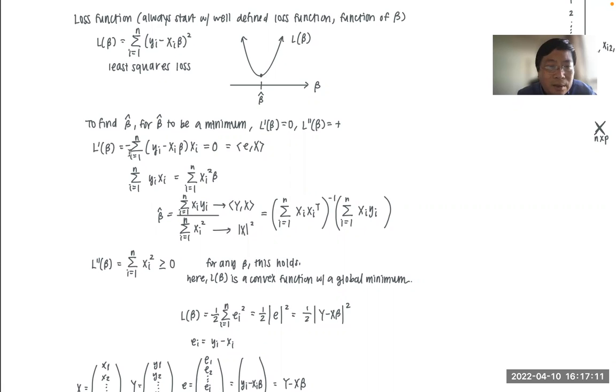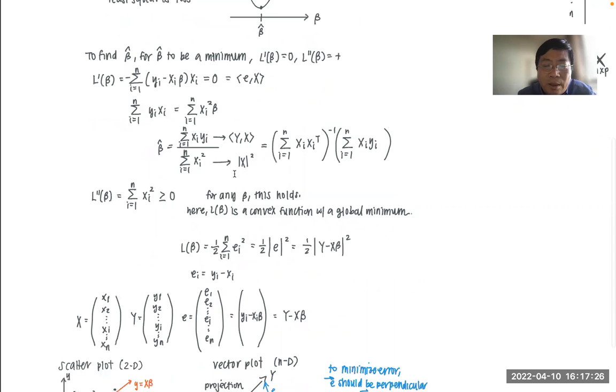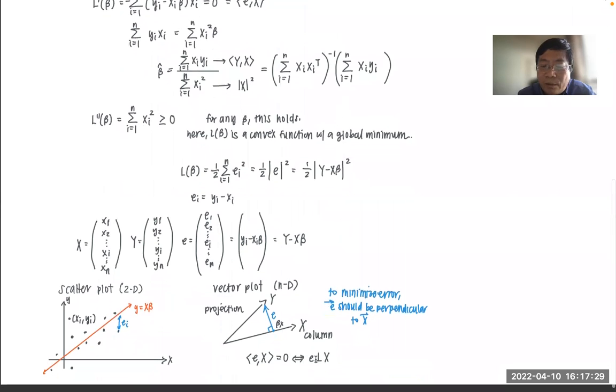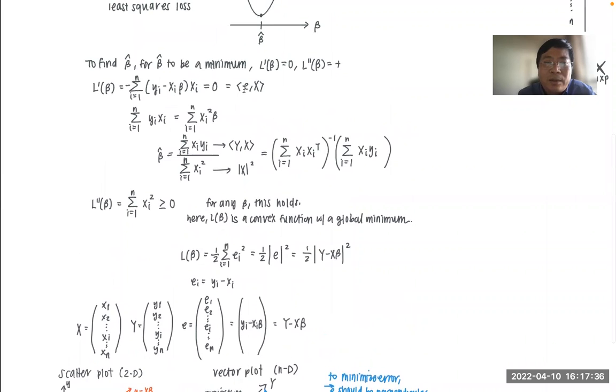If you set the derivative to 0, again with the 1/2 here, you have ei times xi summed over n, and clearly this is the inner product between e and x, which equals 0. So e should be perpendicular to x, which means the inner product of e and x, the summation of ei times xi, which is the summation of (yi minus xi beta) times xi, equals 0.